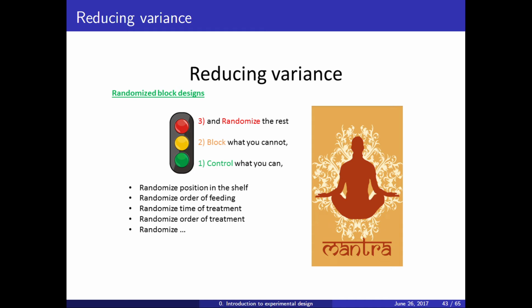And you should randomize everything else. So you should randomize position in the shelf, the order of feeding, the time of treatment, the order of treatment. There are people randomizing the person who applies the treatment, the pipettes used in the experiment. So they randomize absolutely everything.